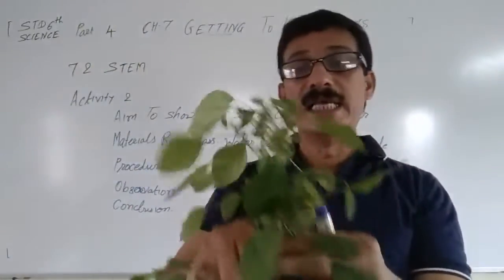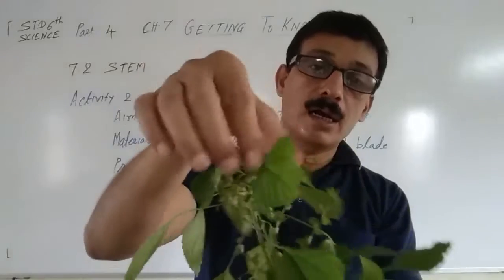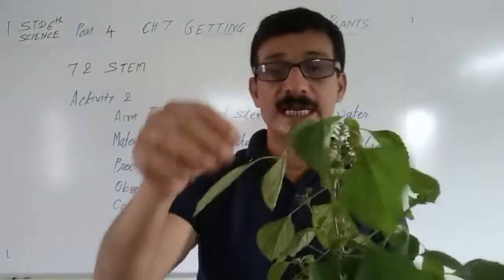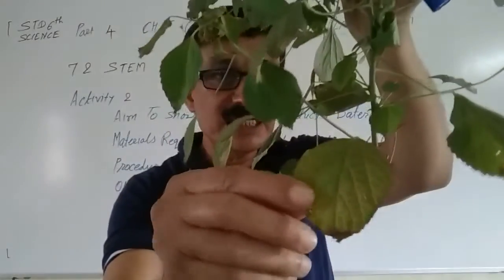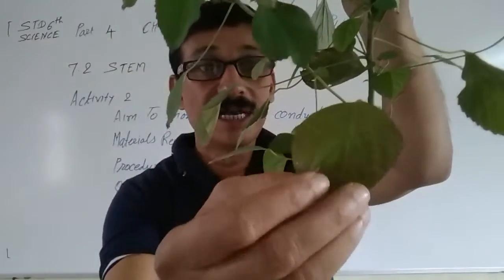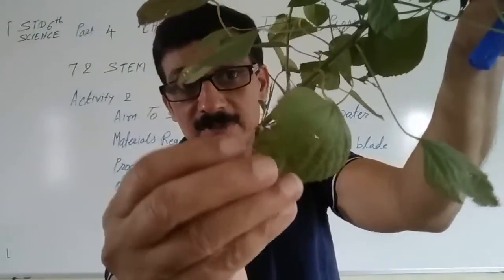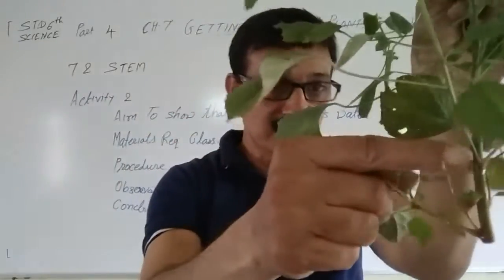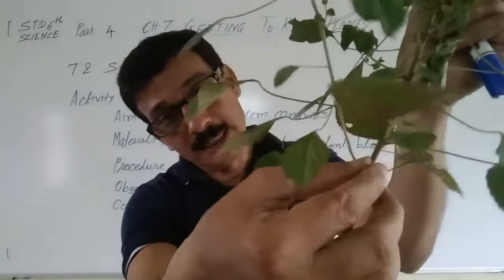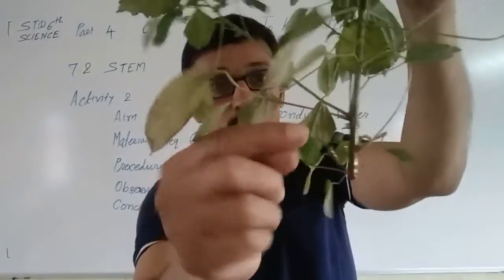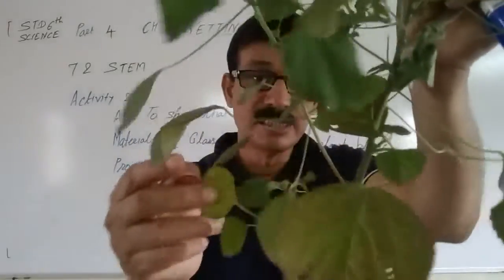Actually it was green, but on the lower part leaves, you can see some red spots. Even this branch also became red. Can you see this? This branch also became red. You can observe this, isn't it?